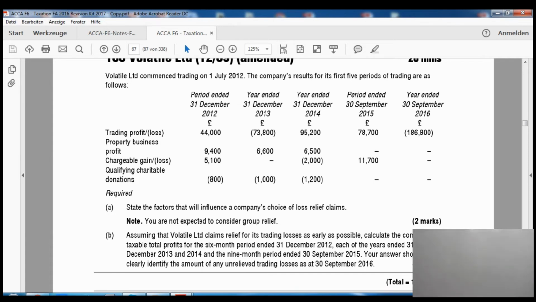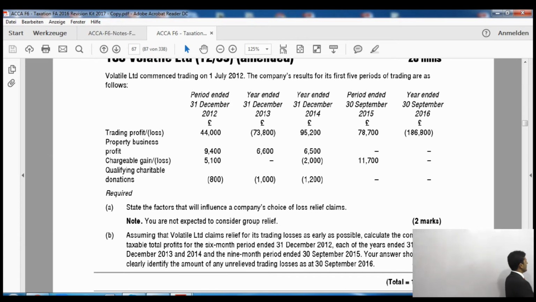Right? So if we look at the first period, which is 31st of December 2012, there is no loss in this year. Let's go to the next year, which is 2013. Now in 2013 it is a loss, 73,800 is a loss, right? Now how many options has he got? This 73,800, first thing is that he can set off against the current period's total income.